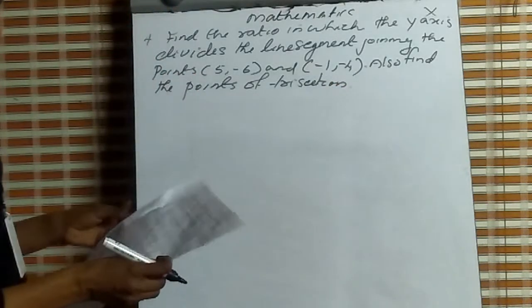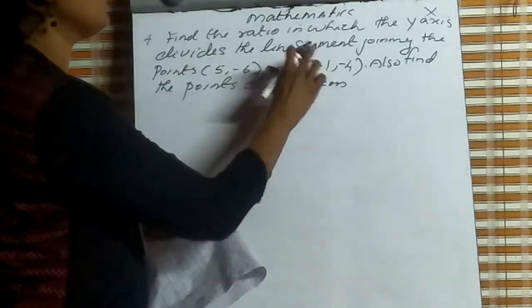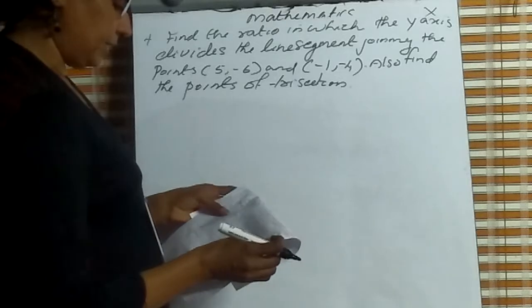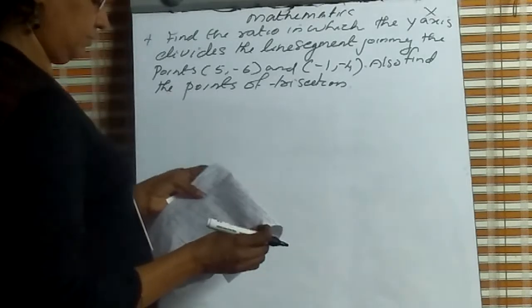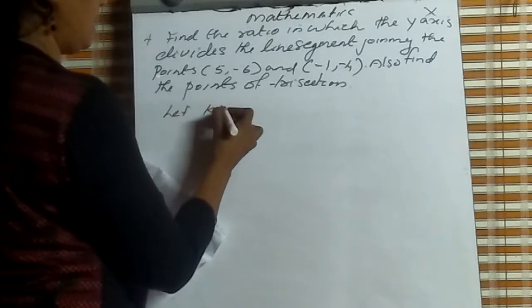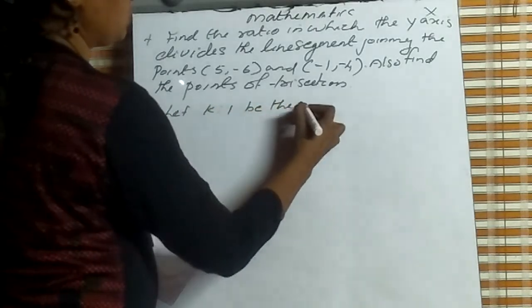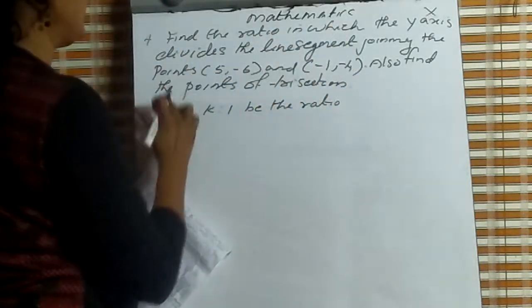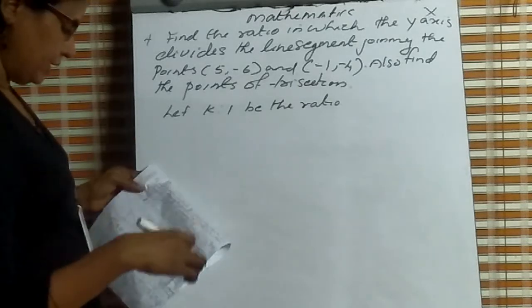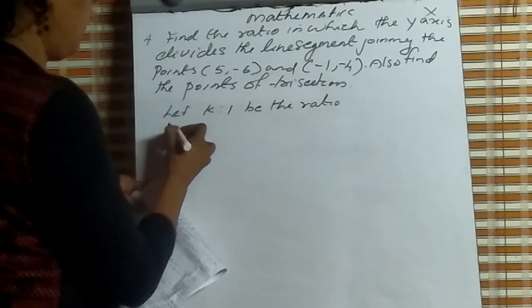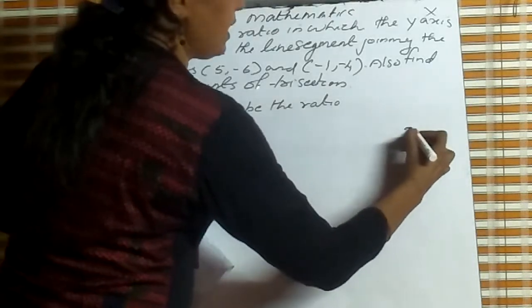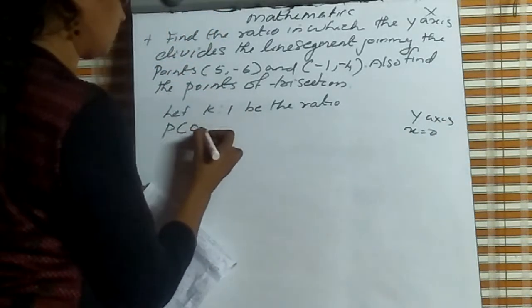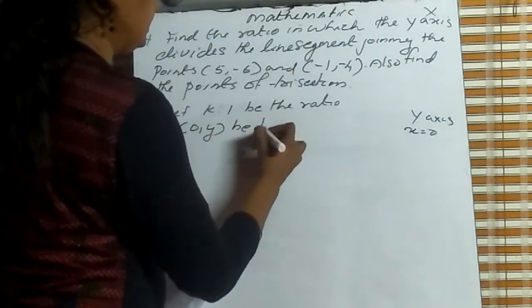Find the ratio in which the y-axis divides the line segment joining the points (5, -6) and (-1, -4). Let k:1 be the ratio. It is a point on the y-axis, so its x-coordinate is equal to 0. Let P(0, y) be the point.